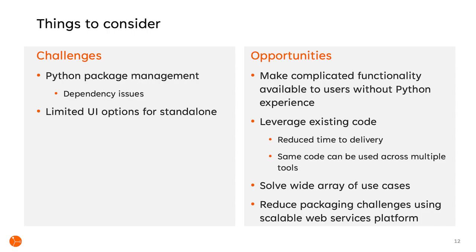One thing we've done to reduce this packaging challenge is we've got a scalable web services platform, which is all in containers, and there's a function there to do, say, clustering. So instead of having a clustering package and having to install it into Spotfire, all we do is call out to this scalable web services platform, and it will scale up to the size of the job.